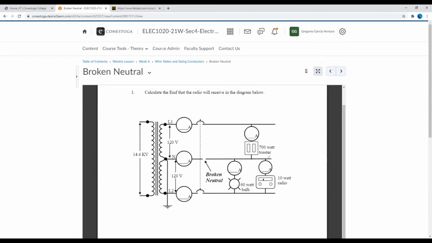Would someone care to share, once we lose the neutral and we have this broken neutral, how much was the voltage drop that we have on the toaster and how many watts the toaster is producing, and also the voltage drop that you found for both of these components?